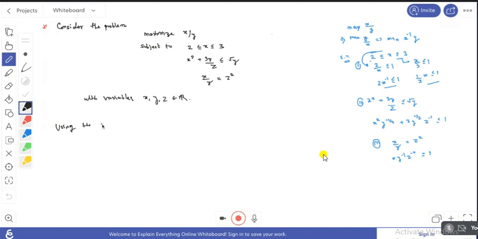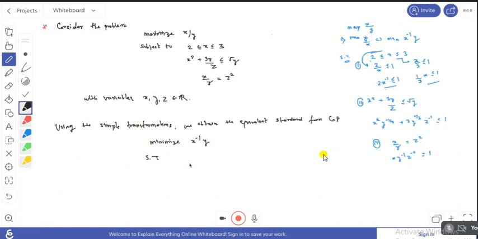Using the simple transformation, we obtain the equivalent standard form of geometric program, that is: minimize, and the objective function is x inverse y.